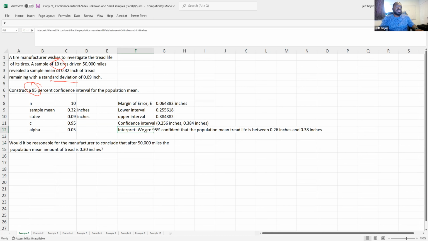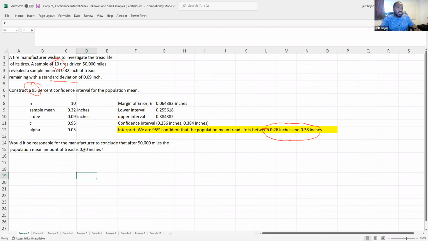Now, we can use this to answer the second part. The second part says, would it be reasonable for the manufacturer to conclude that after 50,000 miles, the population mean amount of thread is 0.30 inches? Now, if you look at the answer, we said it's between 0.26 and 0.38. What this means is that we're 95% confident that the population mean thread will actually be any number between 0.26 and 0.38, with those two numbers inclusive.